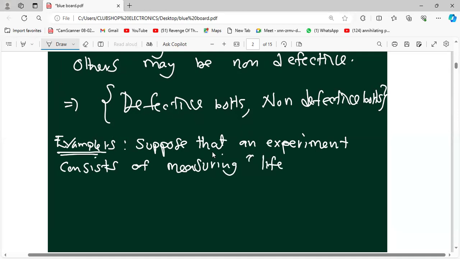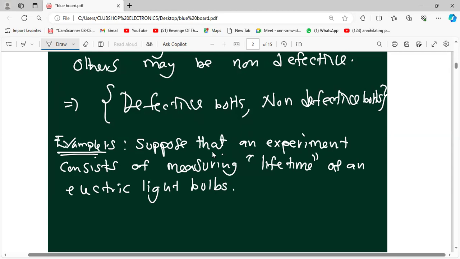Let's suppose that an experiment consists of measuring the lifetime of an electric light bulb, or we say bulb, produced by a company. Let's suppose that an experiment consists of measuring the lifetime of an electric light bulb produced by a particular company, any company.